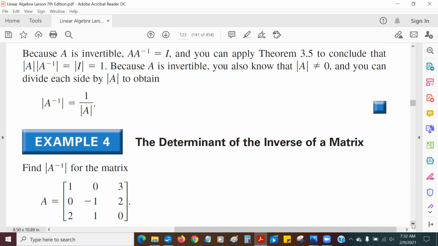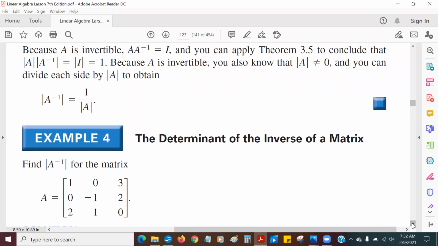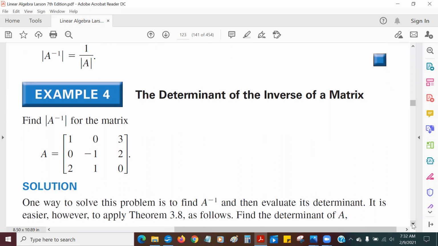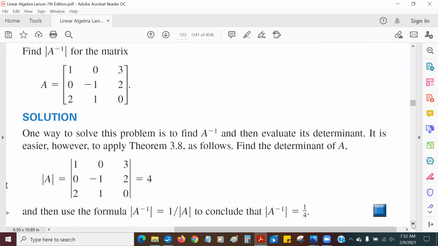But now, all I have to do is look at A, take the determinant of A, reciprocate it, flip it upside down, and I've got my answer. That's exactly what we're going to do. Okay, so I want everyone to pause the video and do that. Okay, video is unpaused, and now here we go.